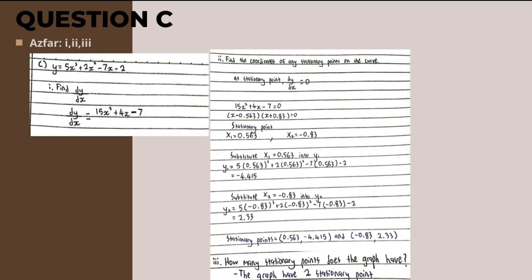First Roman, find dy/dx. So the dy/dx equals 15x power of 2 plus 4x minus 7.